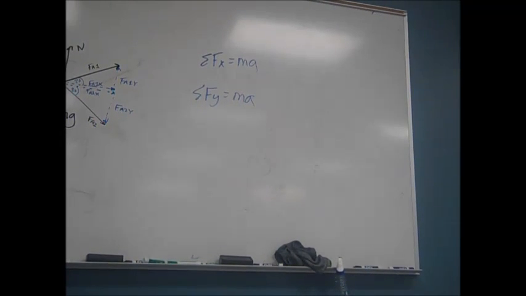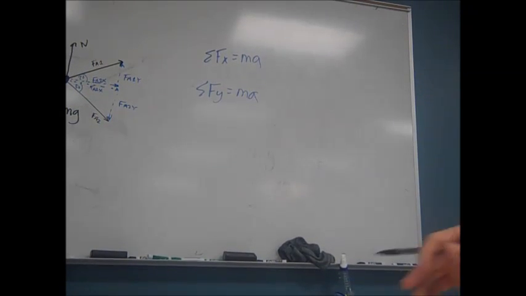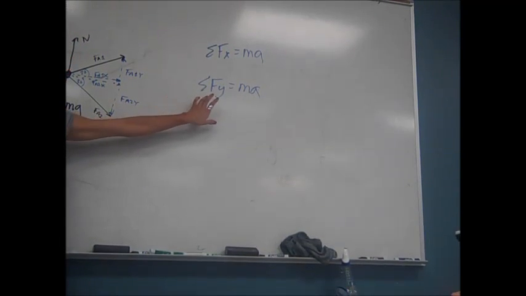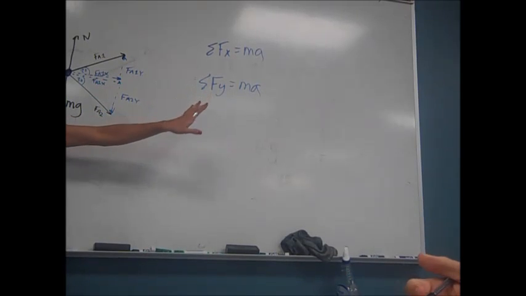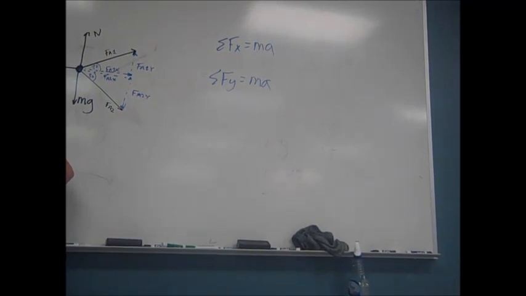Because it tells you that it accelerates at a rate of 0.8 meters per second squared. It couldn't be any clearer about whether it's accelerating. But then you ask yourself the same question in the y direction. Is it accelerating in the y? No, because there's no vertical motion.